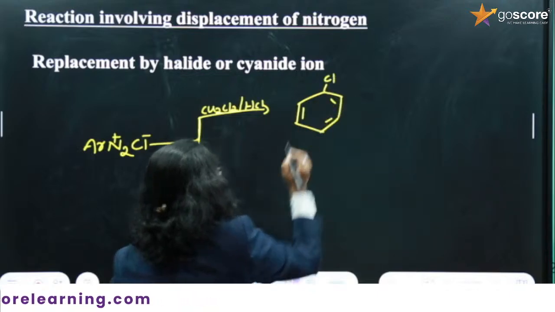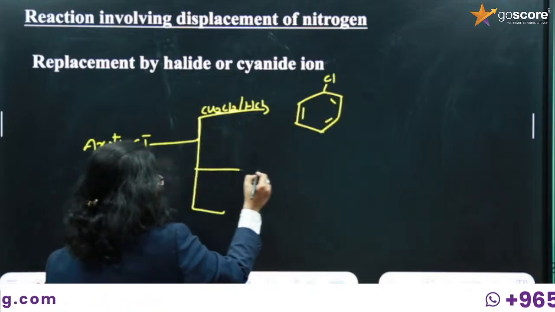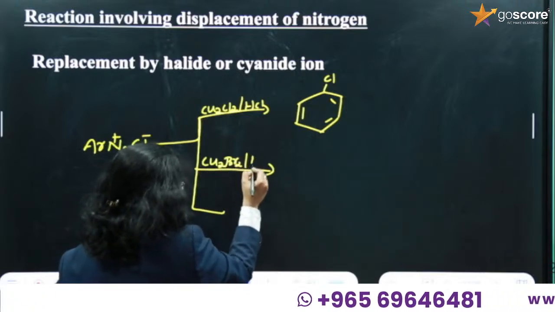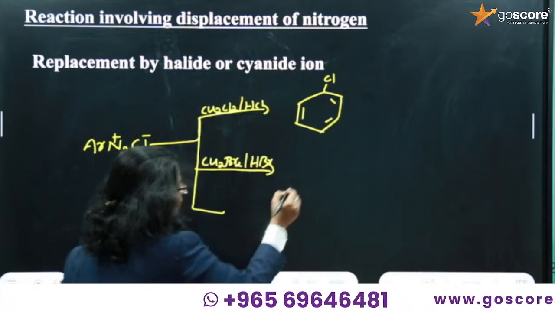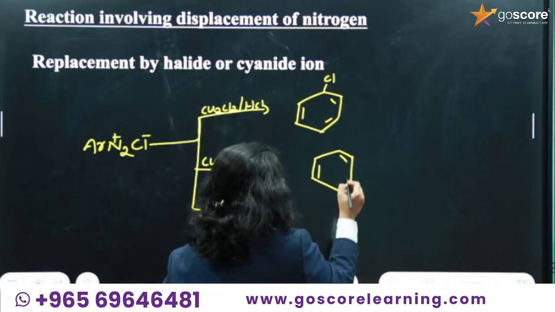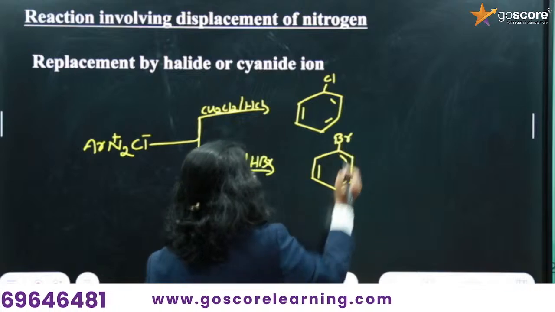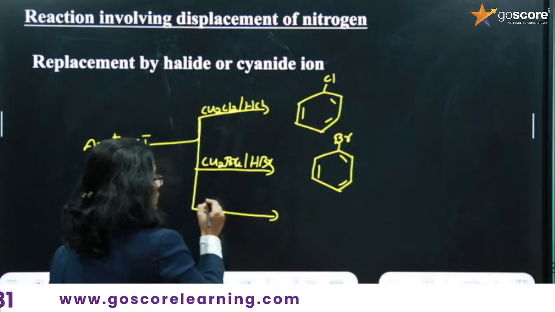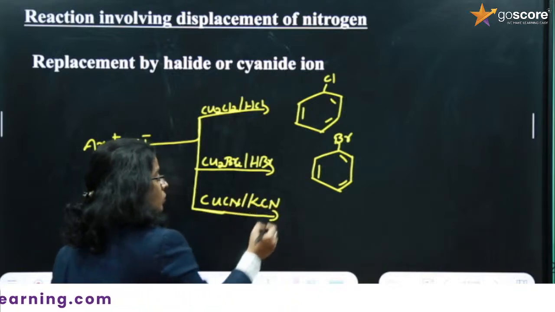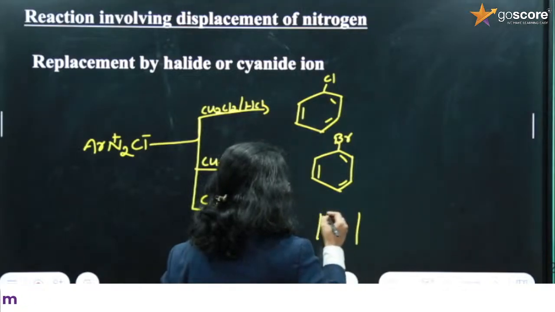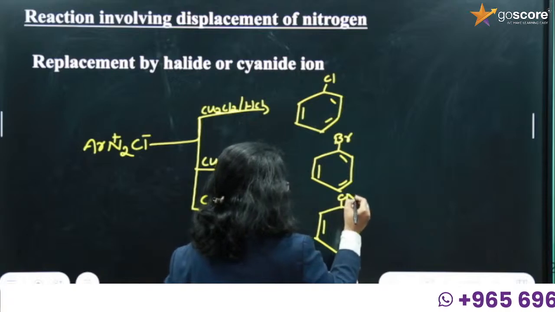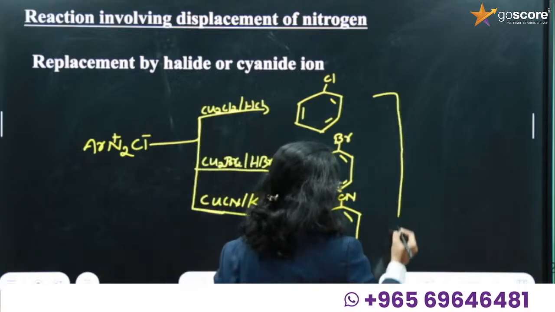If you are reacting with Cu2Br2 in presence of HBr, you will get bromobenzene. If you are reacting with CuCN in presence of KCN, you will get cyanobenzene. So this is called Sandmeyer's reaction.